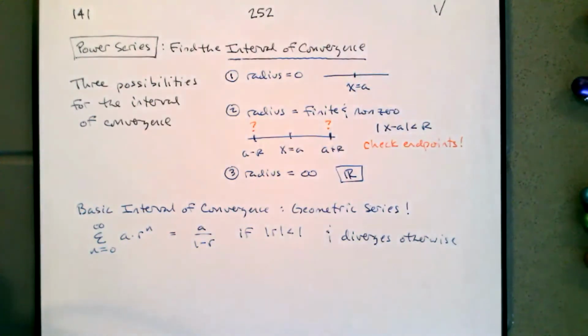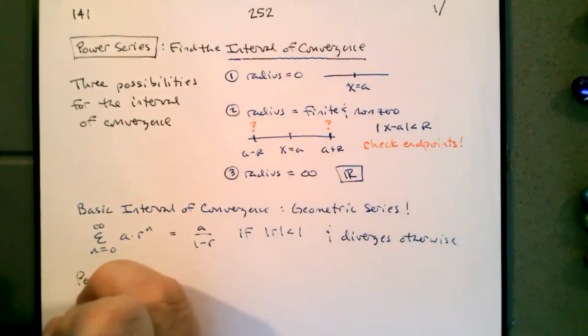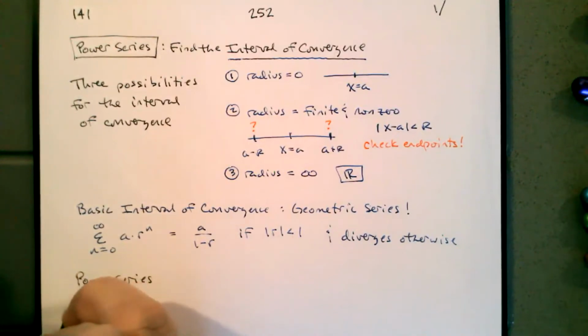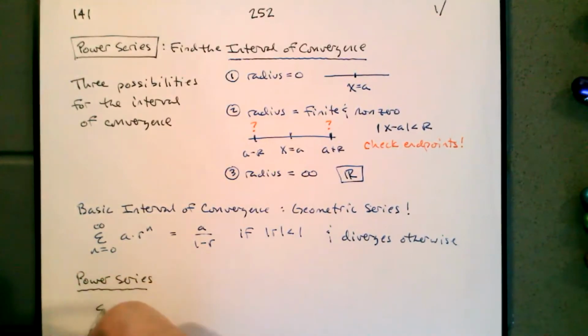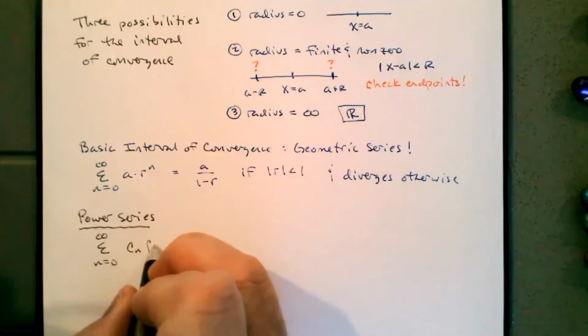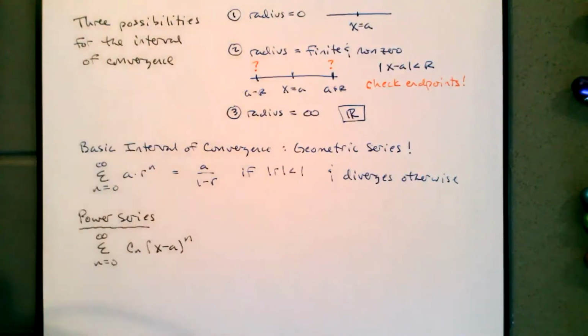So when we're looking at a power series, the power series will have a geometric aspect to it. We have the sum as n goes from 0 to infinity of some coefficients Cn times x minus a to the n. So that x minus a to the n is like the geometric part.